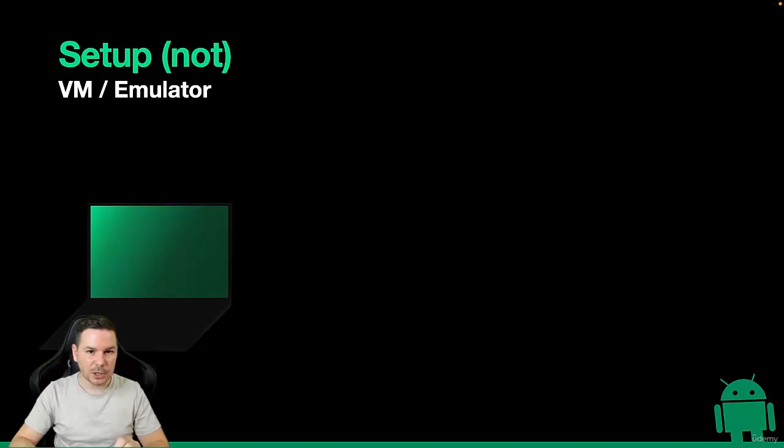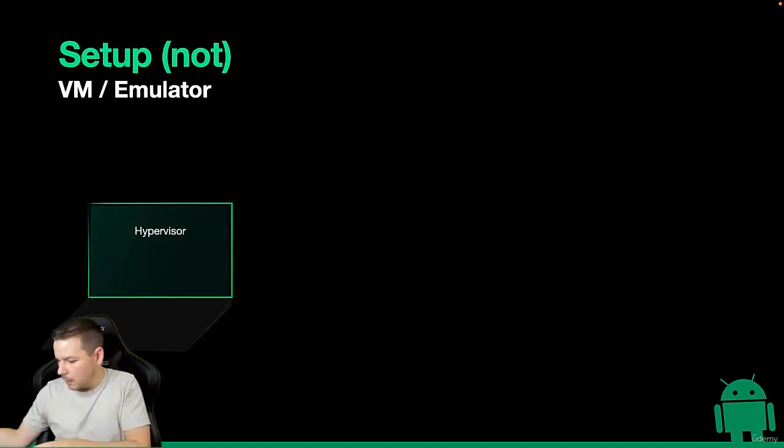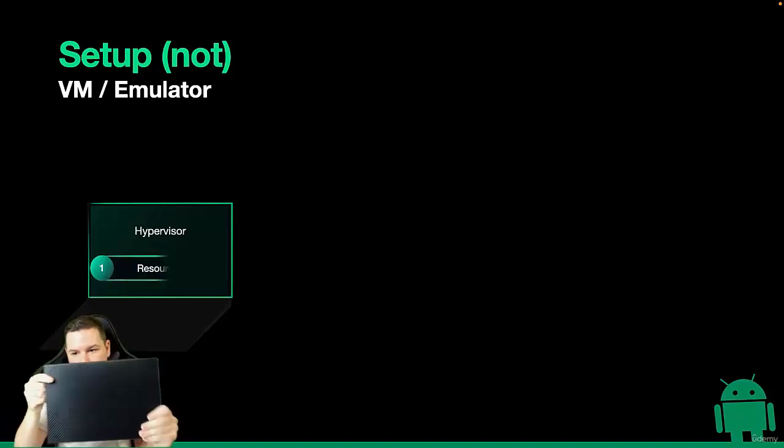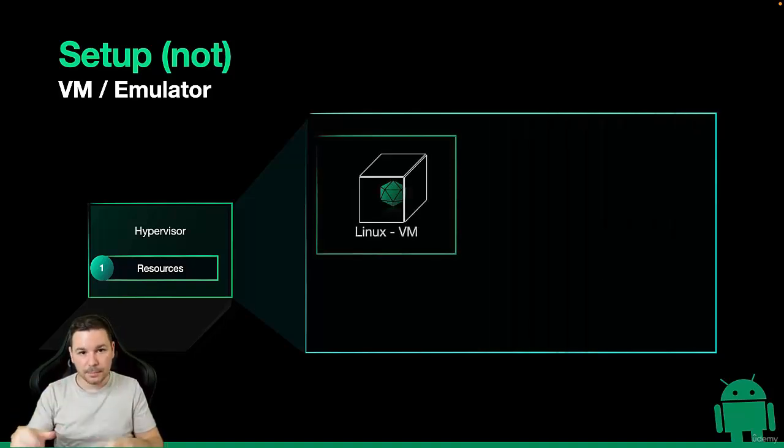These virtualizations use a hypervisor, and this hypervisor shares resources from our real laptop to the virtual machine. So these resources are now being shared between those two. So far, absolutely no problem. This is why we have virtualization.